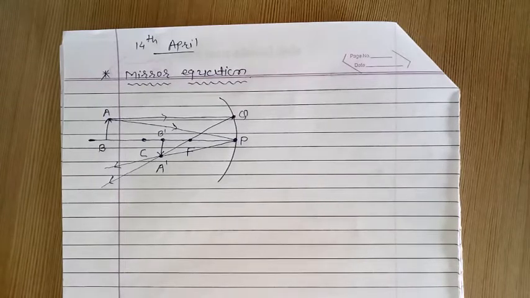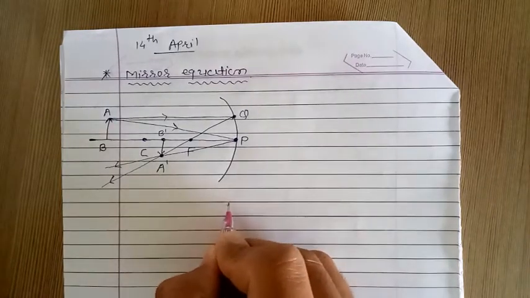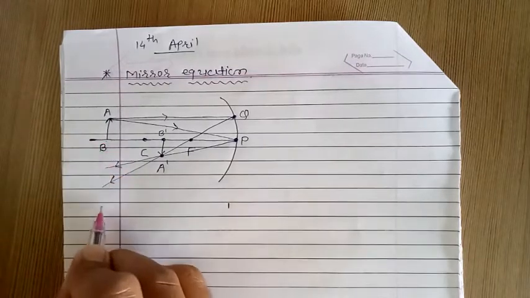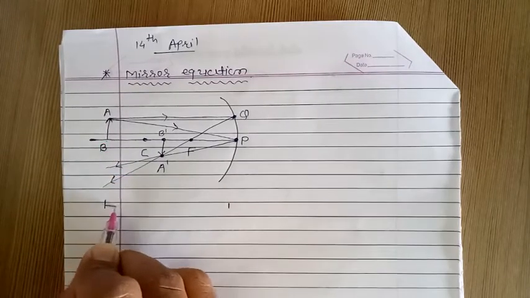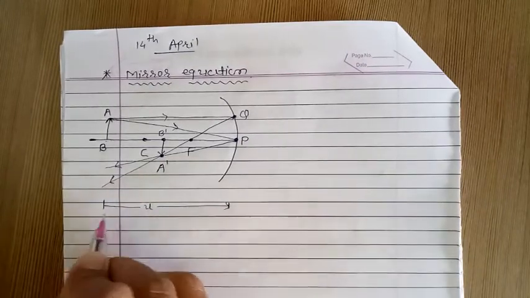So we have also discussed the rules for distance measurement. Here the distance between pole and object AB is denoted by object distance u, right?